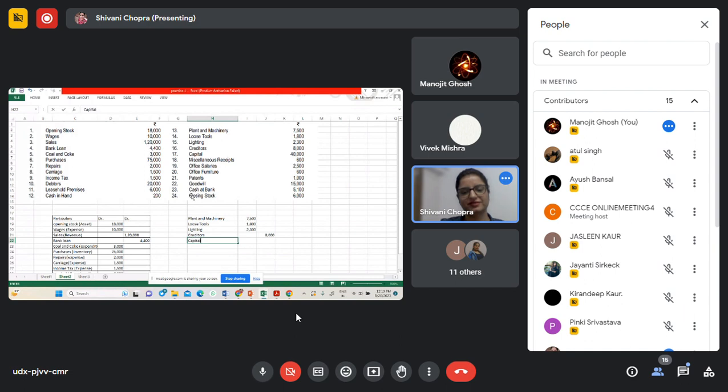Capital, capital has a natural balance of credit, liability. Then you have miscellaneous receipts. Okay, now what is this? Tell me. Yes, miscellaneous receipts. What do you call this?